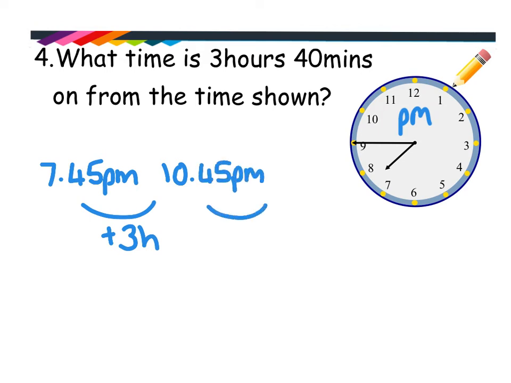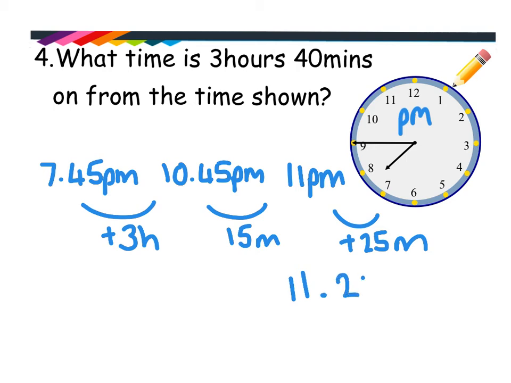Now I know adding on 15 minutes takes me to 11 PM. But I had to add on 40 minutes, which means 40 take away 15 is 25. So I've got another 25 minutes to go, which gives me 11:25 PM for my final answer.